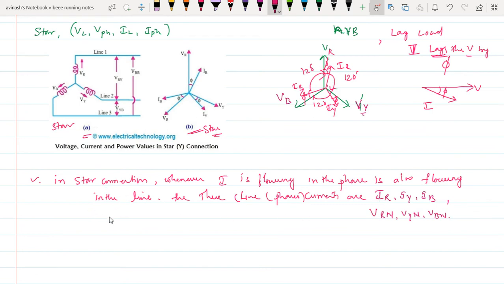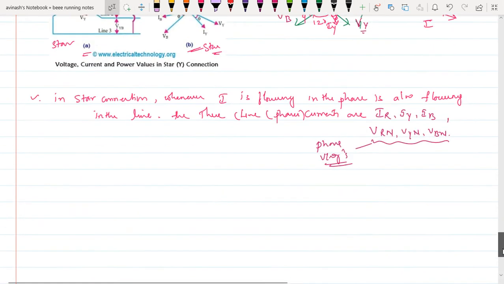These three represent the phase voltages.